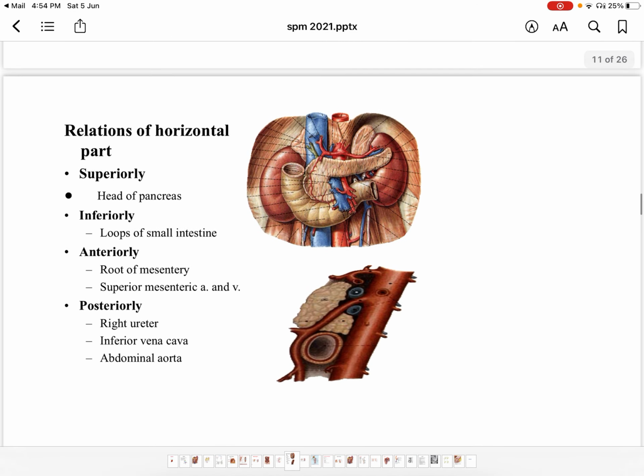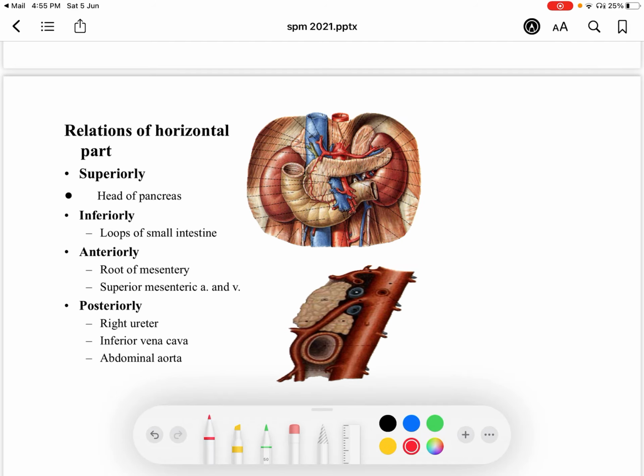Now the relations of the third part. In the relations of the third part, you can see the main structure anteriorly, the superior mesenteric artery and vein. This is the superior mesenteric artery and vein, you can see here.